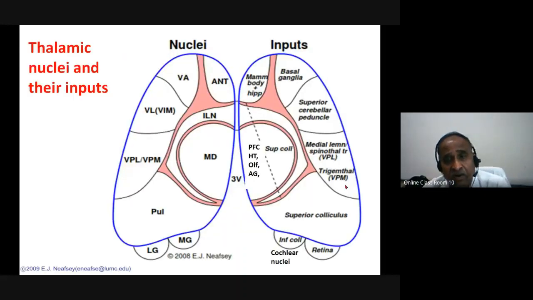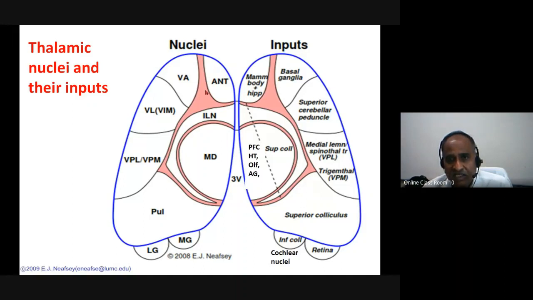Now, to summarize, I have taken this particular graph from Netter, and you can see how beautifully it is organized. On this side, we have the nuclei. This is Y-shaped, the internal medullary lamina.